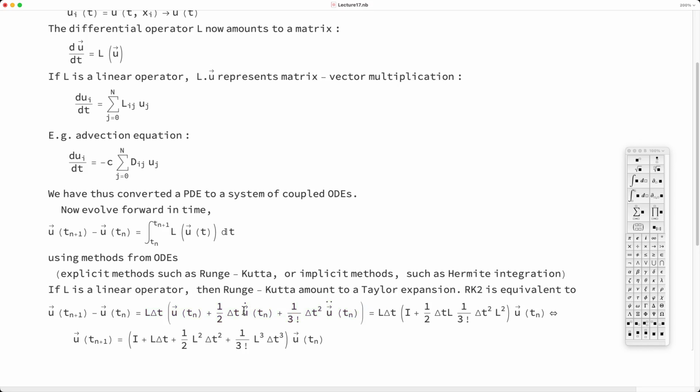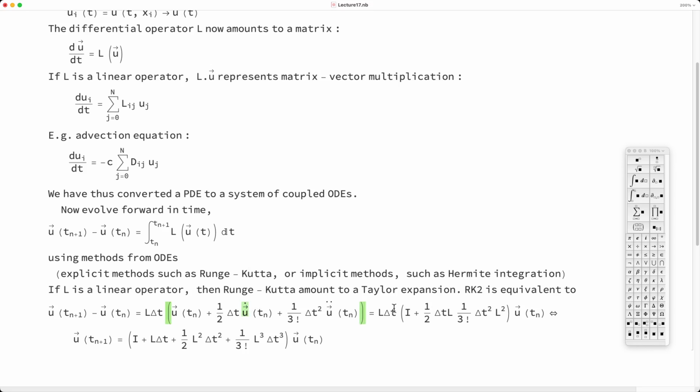And then we can replace u dot from the equation of motion itself. u dot is equal to L times u. If this is a linear case, this is L dotted onto u. And then u double dot is obtained by differentiating this equation with respect to time, and then it's easy to see that two time derivatives amount to L squared dotted onto u.